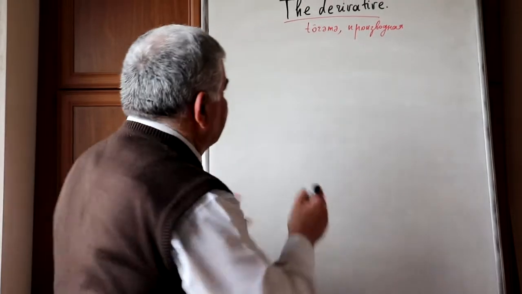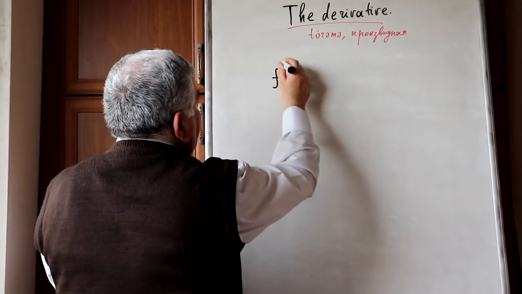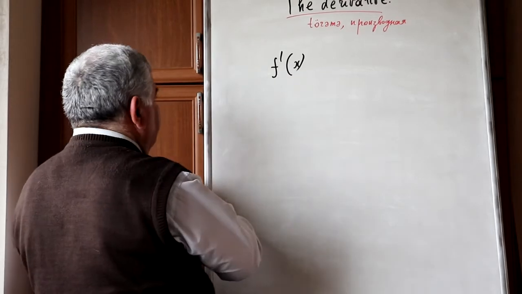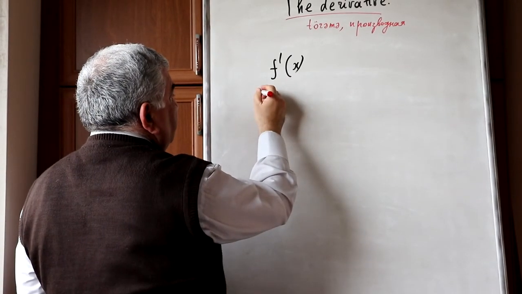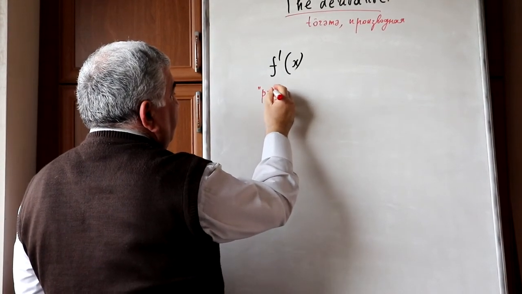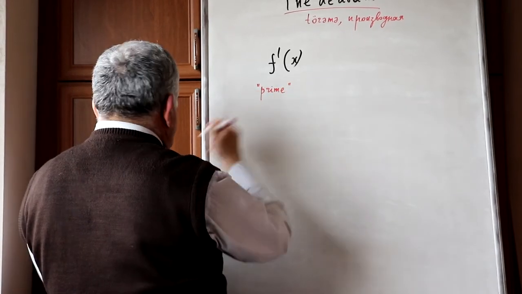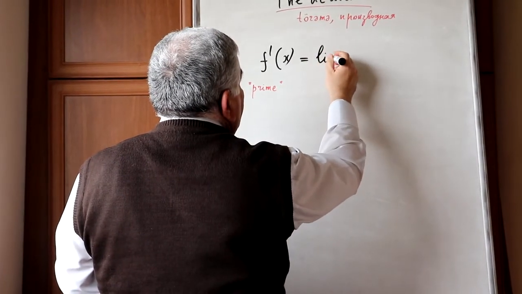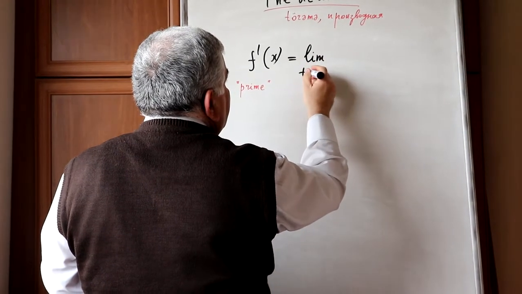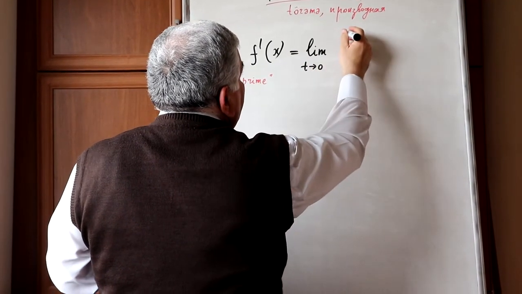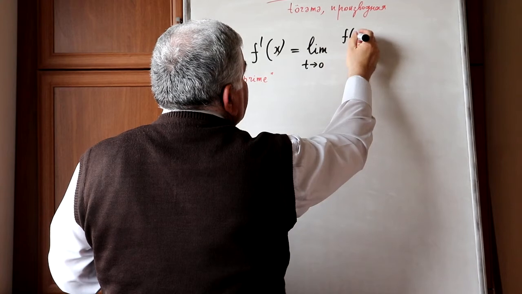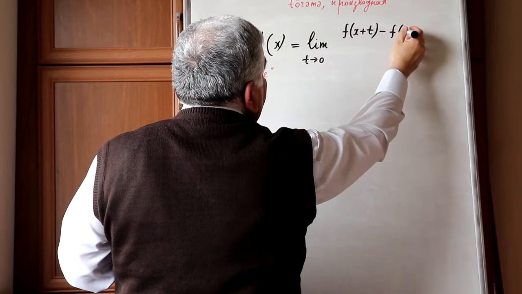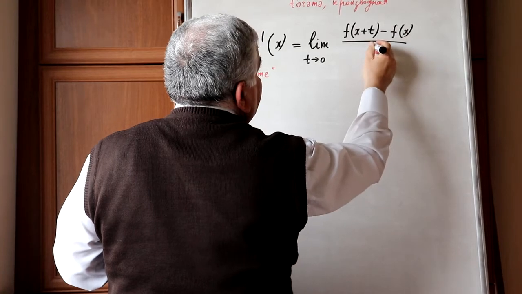That is, f prime of x is the limit when t tends to 0 of f of x plus t minus f of x over t.